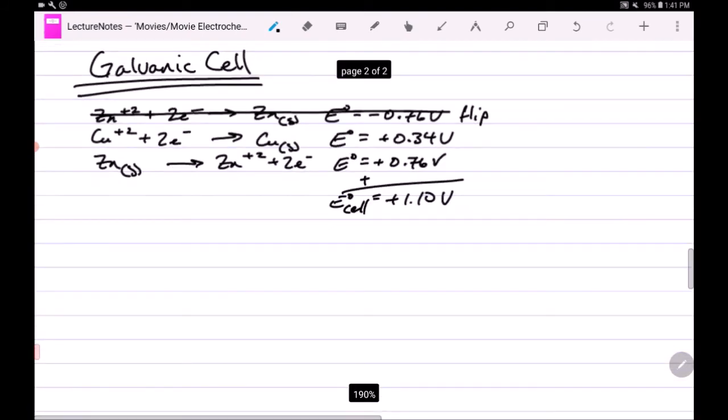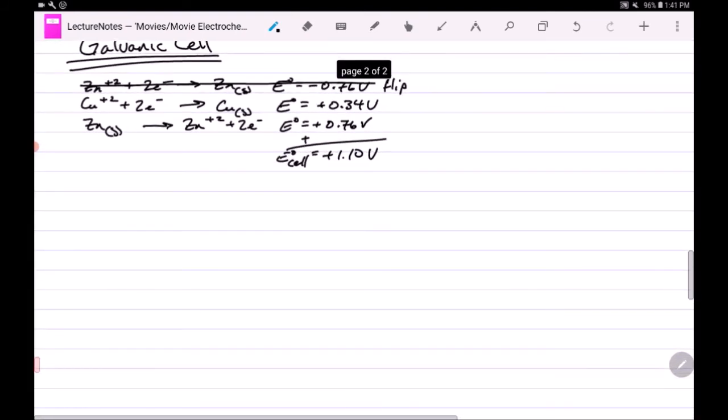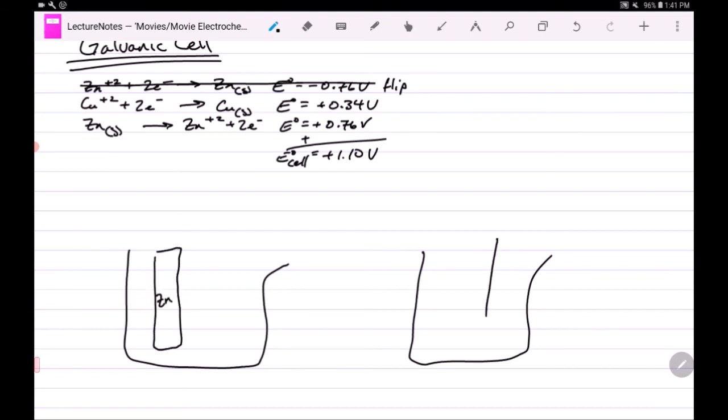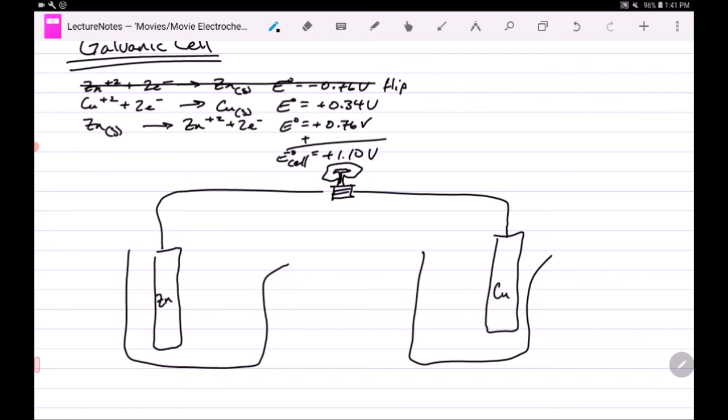If I want to draw this as a galvanic cell, I'm going to start with two containers. I can use the metal as its own electrode for this. It'll need a wire connecting the two. And this thing can power some sort of, I don't know, maybe a light bulb.